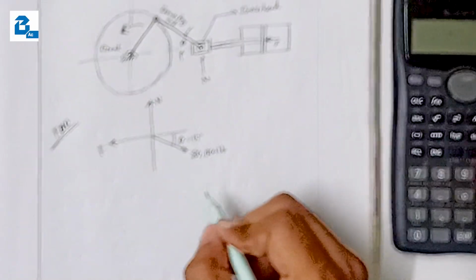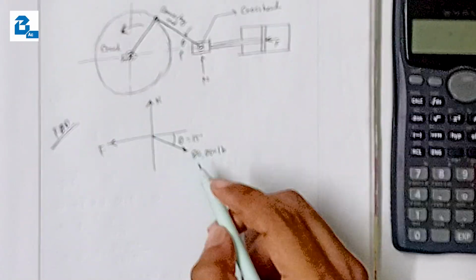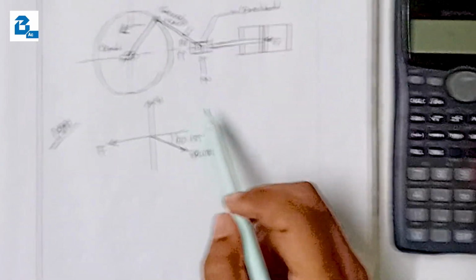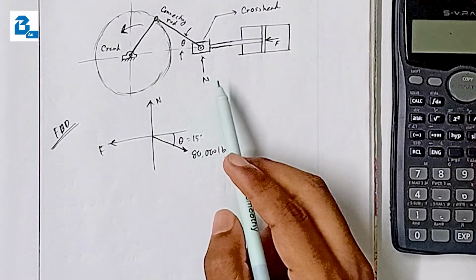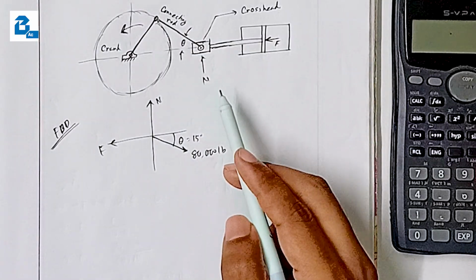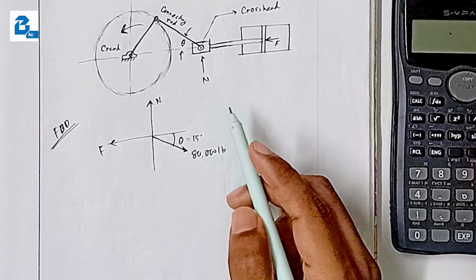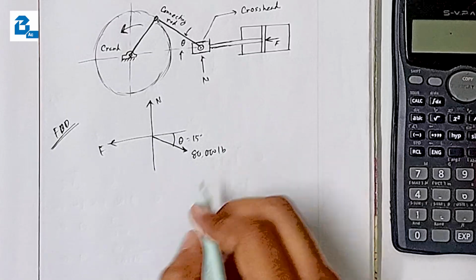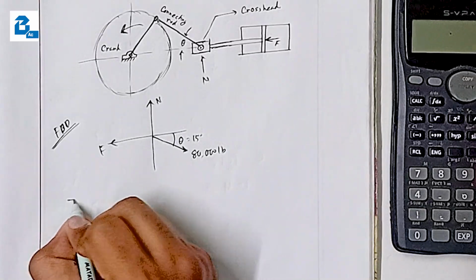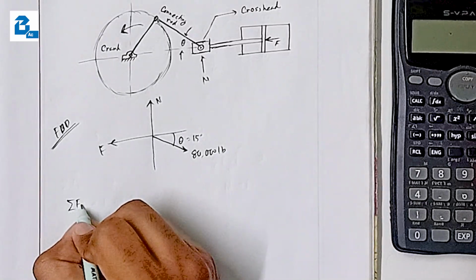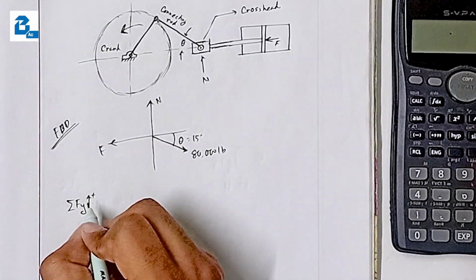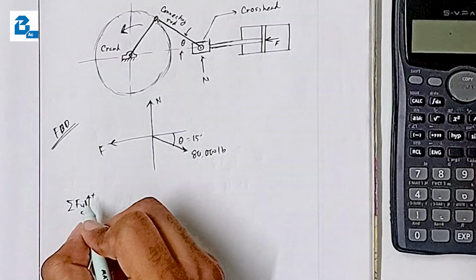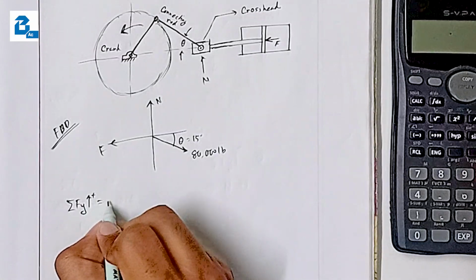From this we can solve this math pretty easily. Since this engine is not moving, we can say that at the crosshead the forces are in equilibrium. To solve this, let's take summation of F of y, where upward is positive, equals 0.